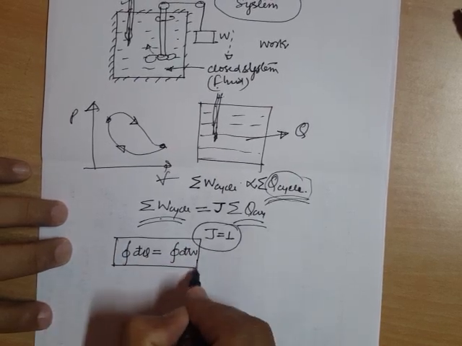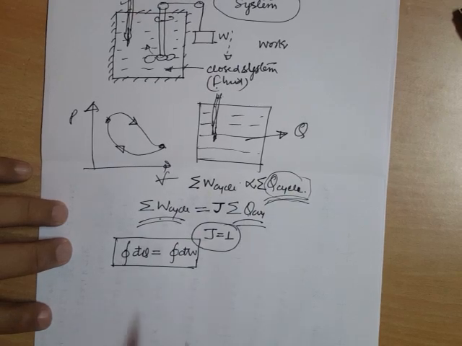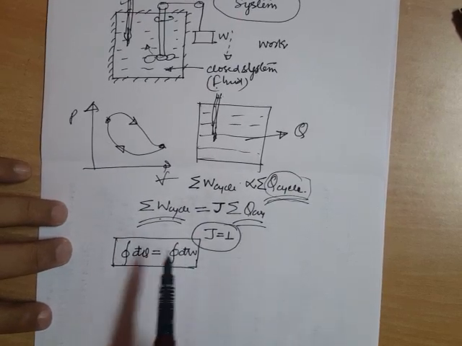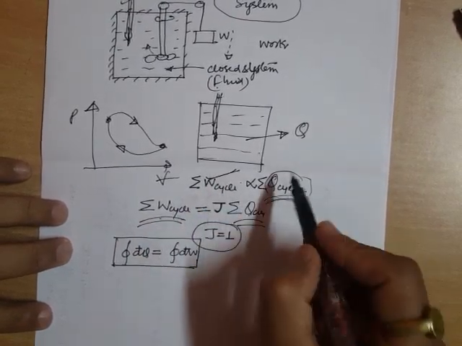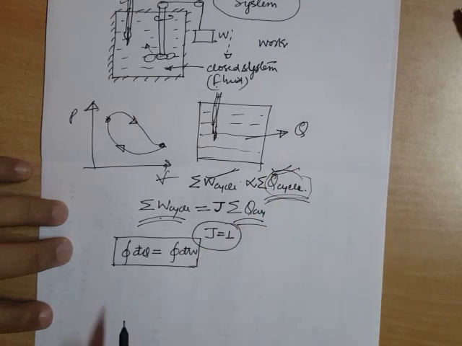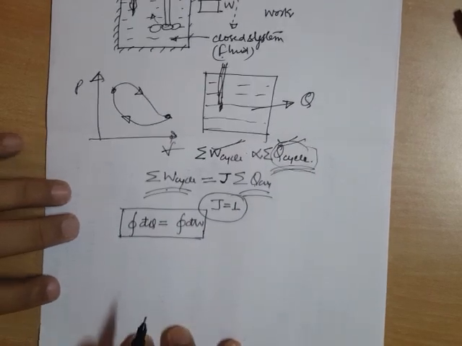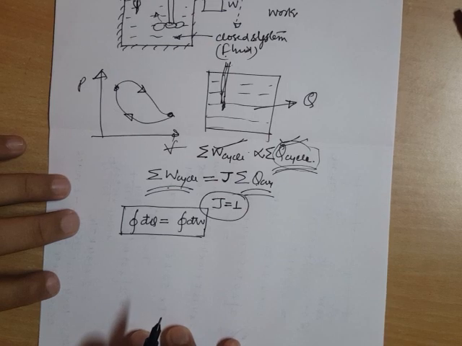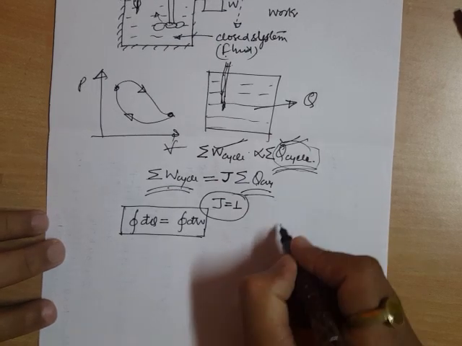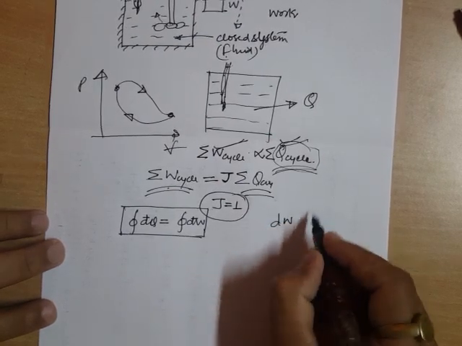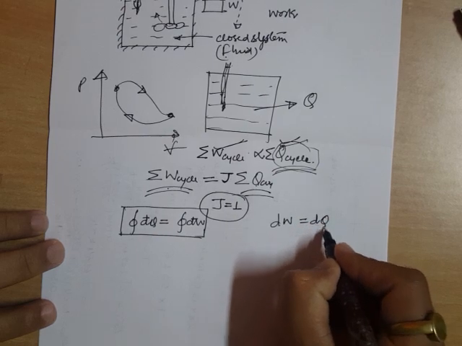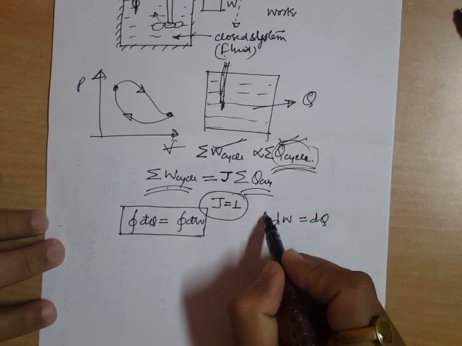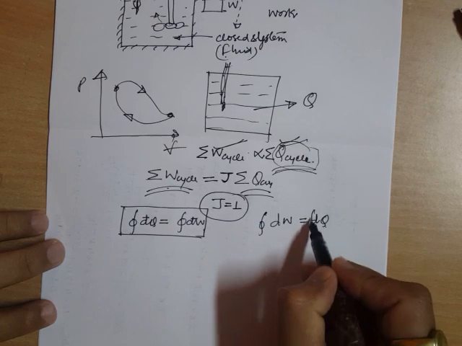This is the first law of thermodynamics, that is, the energy conservation. That is, if energy in one form disappears, then equivalent energy in some other form has to appear. That is, energy is conserved, conservation of energy. Or in differential form, dW is equal to dQ for a cycle.